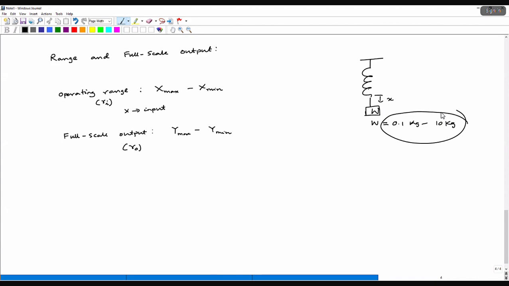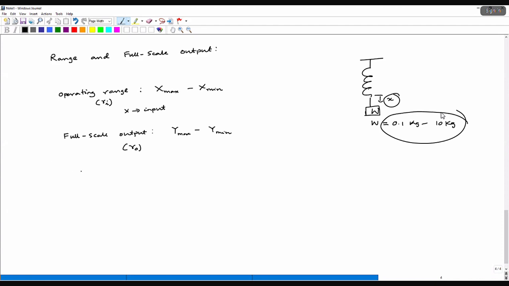In this case, it is the deflection or elongation of the spring. In case of a thermocouple, it is the output EMF, the voltage that you get from the thermocouple circuit. In case of flow through a tube, that is the pressure drop. You have varying flow rate, which is the input, and your output is the pressure drop across the tube.